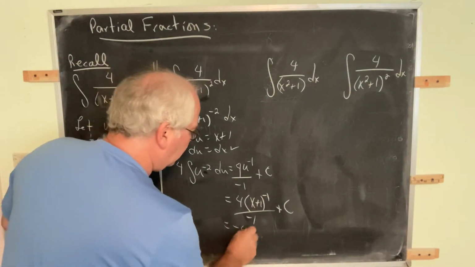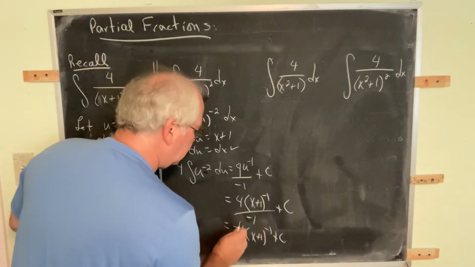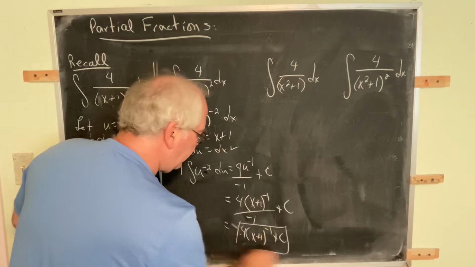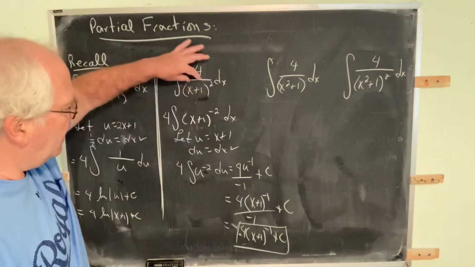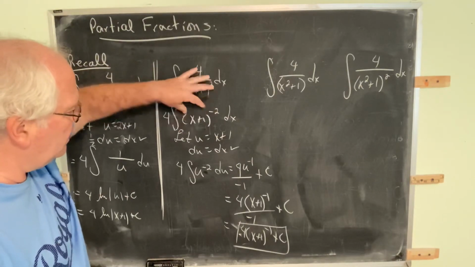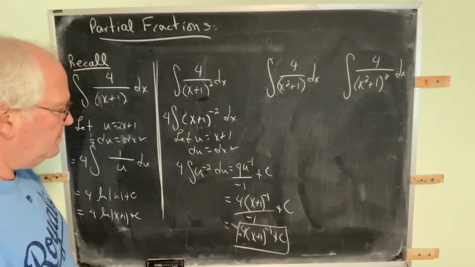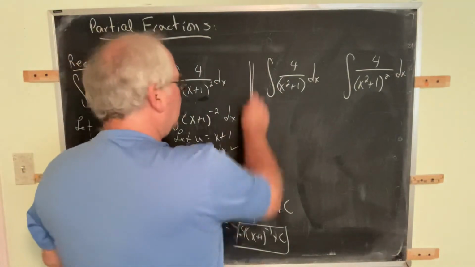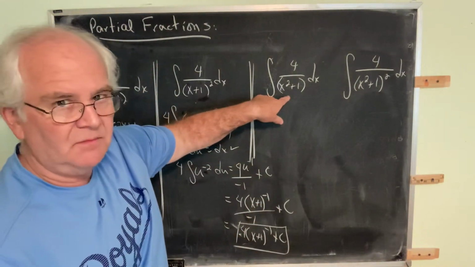This is negative 4 times x plus 1 to the negative 1 plus c. Negative 4 here. So if I have a linear expression squared, that becomes an ordinary U substitution, and you use the ordinary power rule. All right. The next form is very straightforward because this is the tangent inverse form, right?